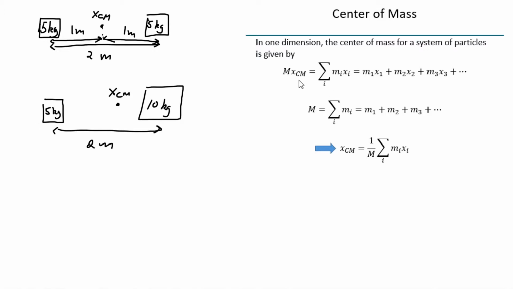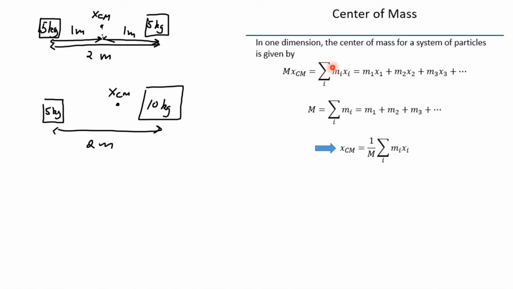We call it x center of mass, and we define it with this equation. We say big M, which is the mass of the whole system, times the position of the center of mass, equals the sum over i of m_i x_i. We take each mass, m_i, m1, m2, m3, and so on, and multiply it by its position, x_i.